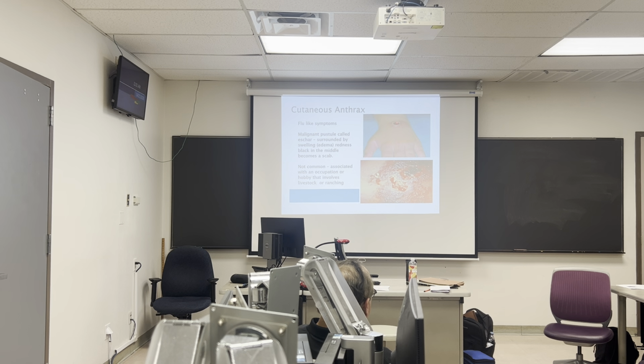An eschar just means there's a scab, if you will. Then you have an area of edema, swelling, and an area of erythema, which is reddening, right? This is kind of classical cutaneous anthrax. It can be treated mostly with penicillin. It's very low drug resistant. But there is a weaponized form of it.